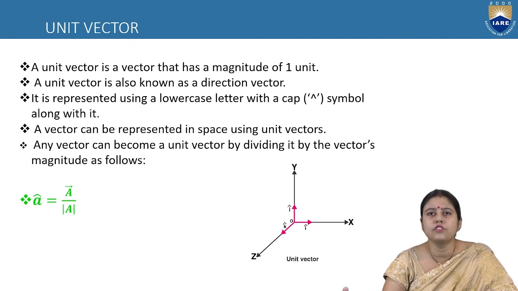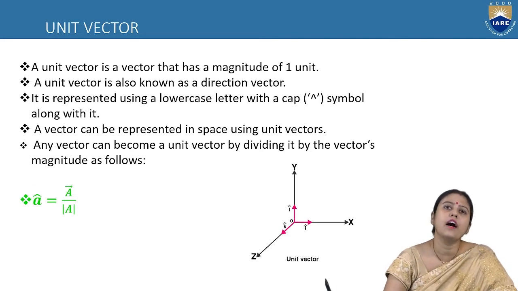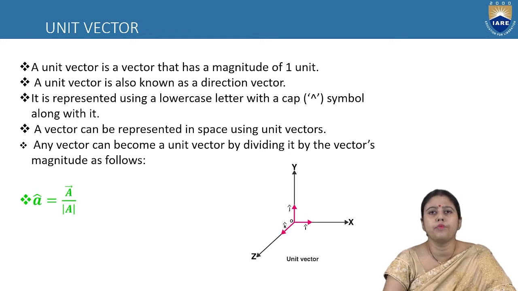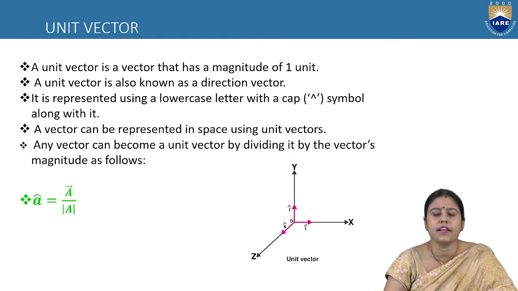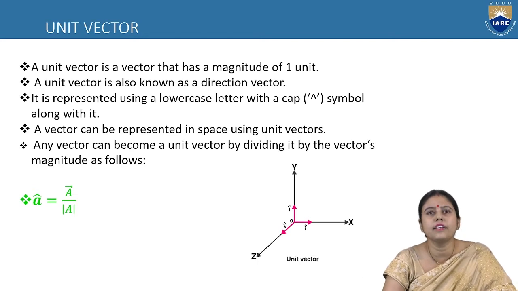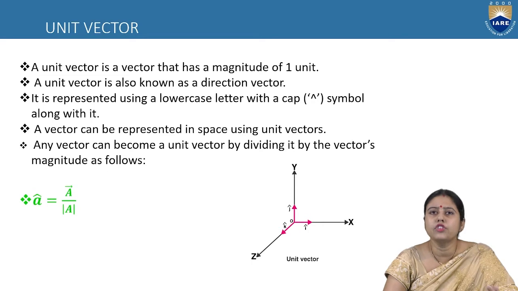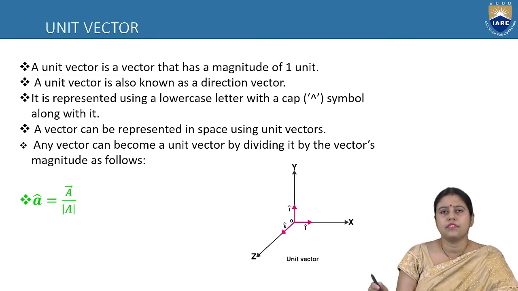A car is moving from north to south. So this is a vector quantity. Now, say for the first 5 kilometers, it has a speed of 50 kilometers per second. For the next 5 kilometers, it has a speed of 60 kilometers per second. So magnitude can be variable, but it is going from north to south.